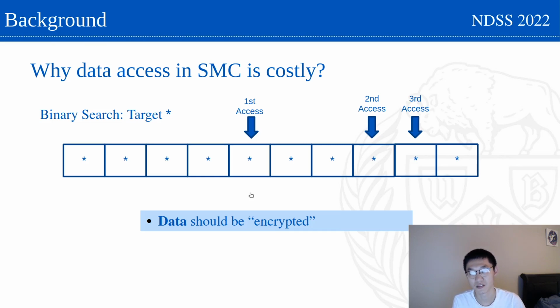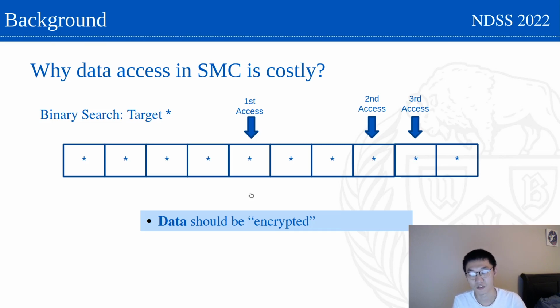But actually this is not enough, because we can still learn lots of information from the access pattern. For example, we can see that our second access is on the right side of the array, which means that our target must be bigger than the median. This is somehow like a side channel attack. So no matter what, encryption itself is not enough.